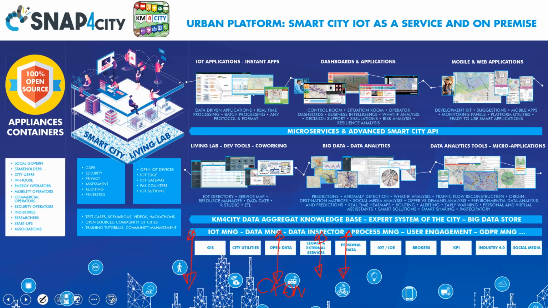So the system can be connected to any kind of IoT, IoA network. This means that you may have some connection with external brokers, with brokers that are not strictly connected with the Snap4City platform, but are a different kind of broker.